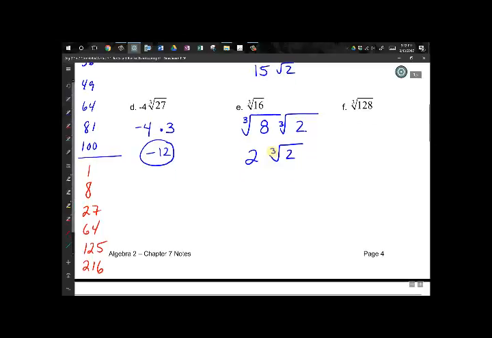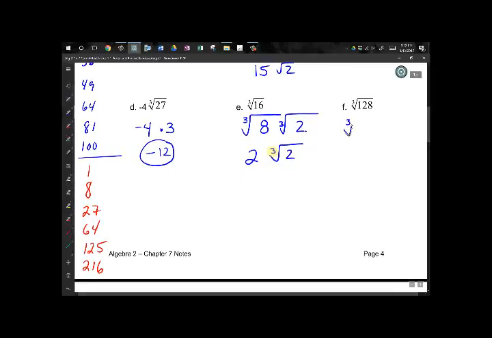On F, we have the cubed root of 128. Perhaps you would realize, oh, 64 times 2 is 128. So that's the cubed root of 64 times the cubed root of 2, giving you an answer of 4 times the cubed root of 2.